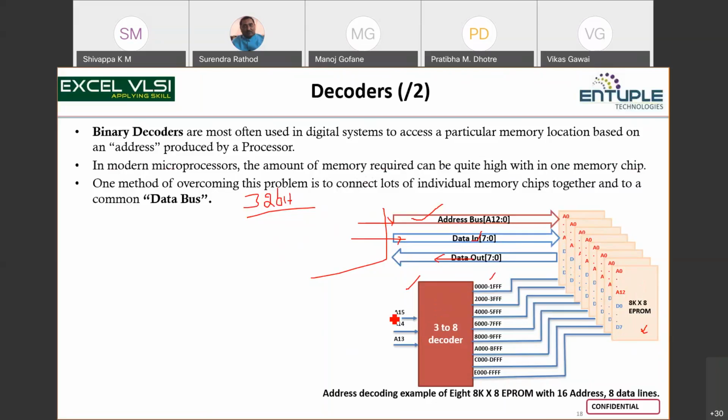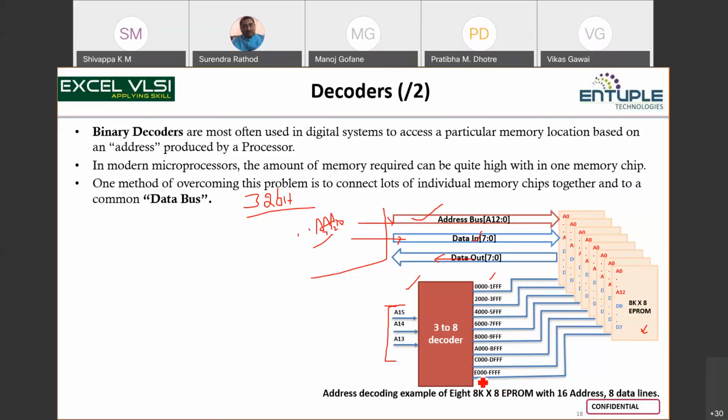Just like how I was extending A9, A10 and so on up to A12, now I go for higher order address lines, that is A13, 14, 15. These 3 address lines I use in order to get 0, then this one is selected.